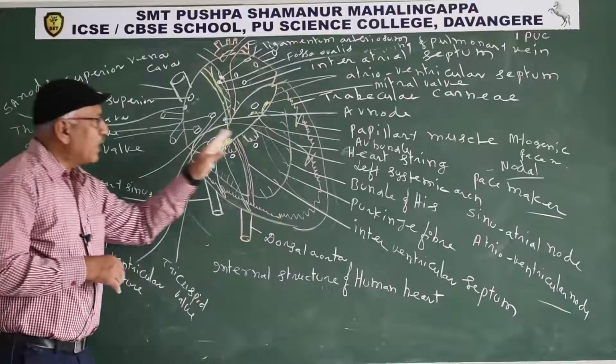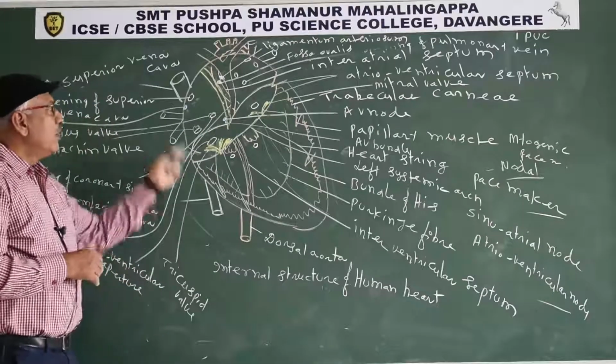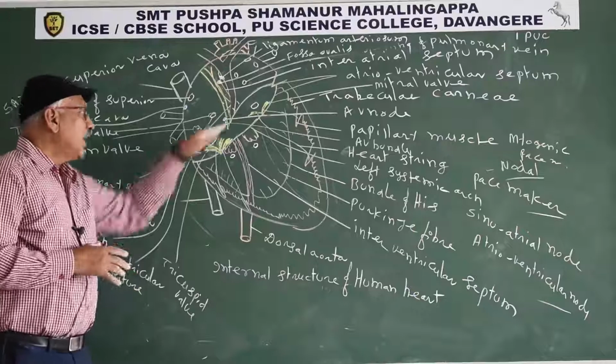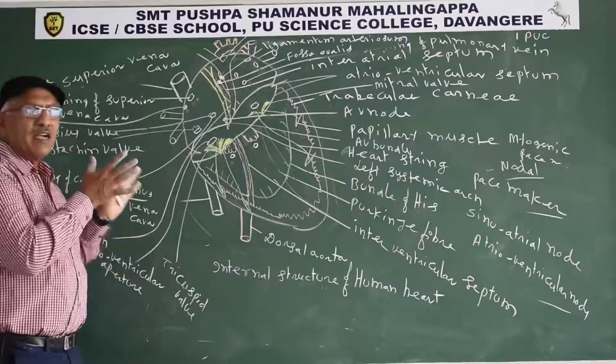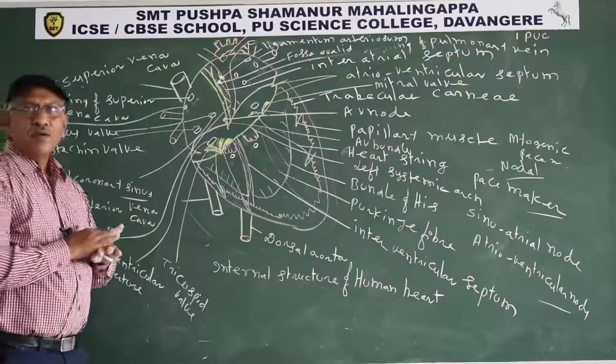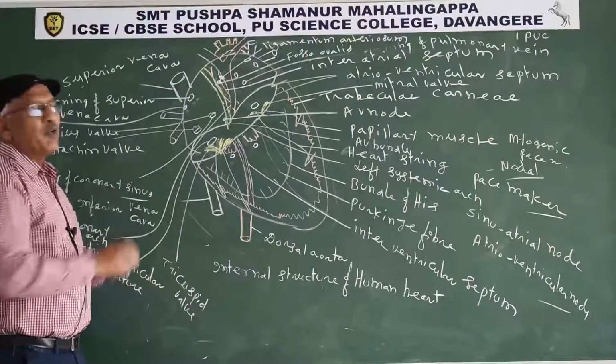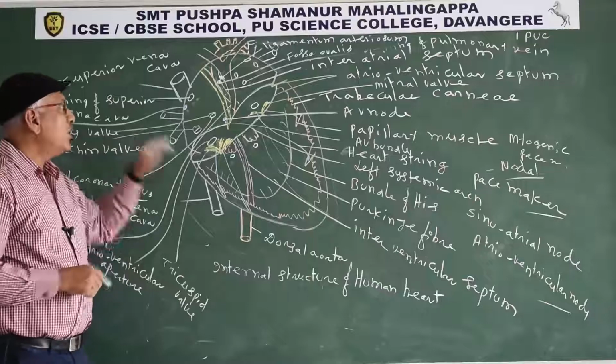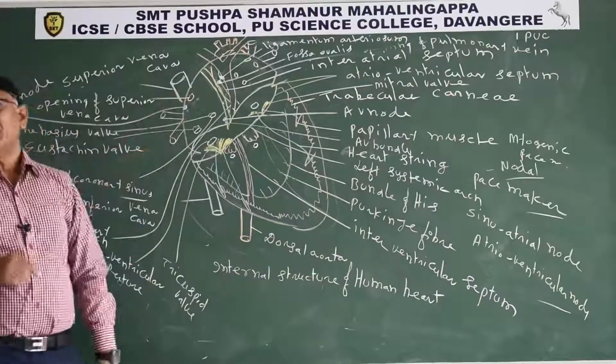So due to the presence of papillary muscles and heart strings, the atrioventricular valves never enter into the atria. In this manner, the entry of cuspid valves and the reduction of atrial volume are avoided.